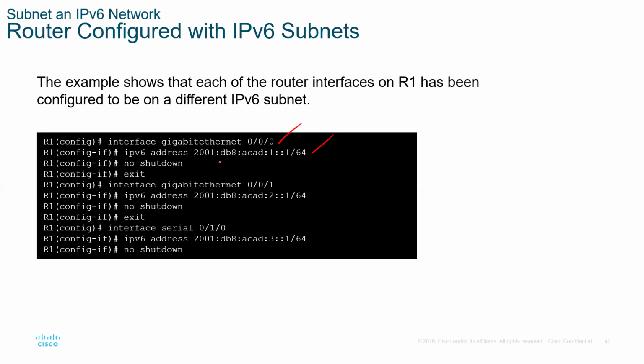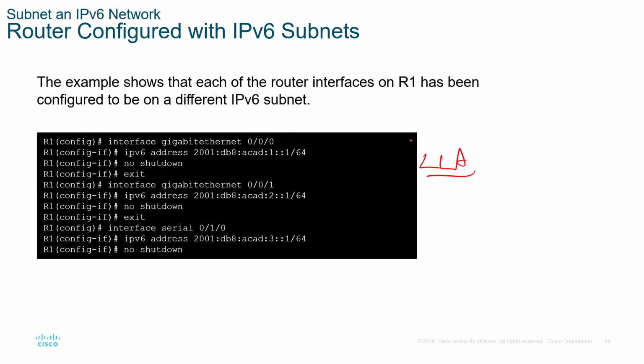With this one, you enter ipv6 address and the address with the prefix length /64. That's how you put in an IPv6 address. Then after that you enable it and exit. Another interface, IP address, enable, exit. Another one, enable, exit.